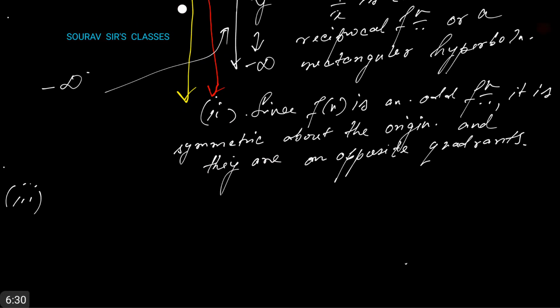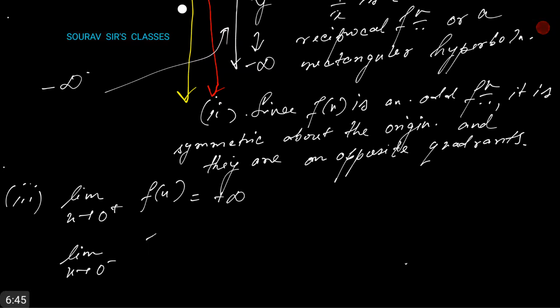So let's write that down: limit x tends to 0 positive, f of x equals positive infinity, and limit x tends to 0 negative, f of x equals negative infinity.